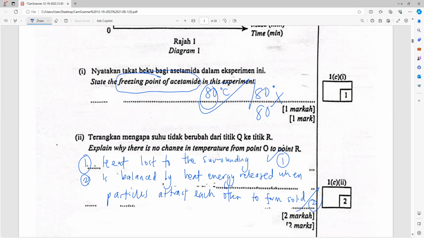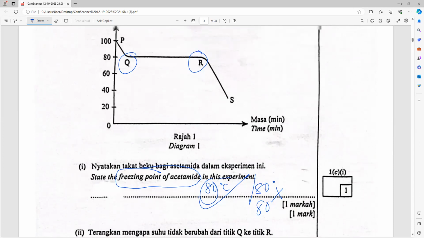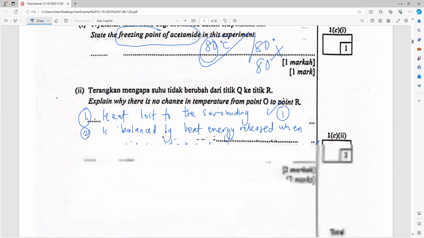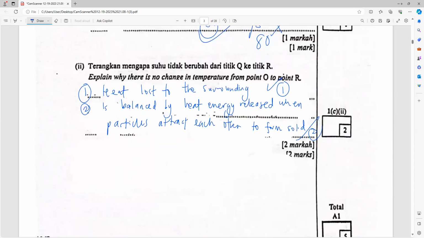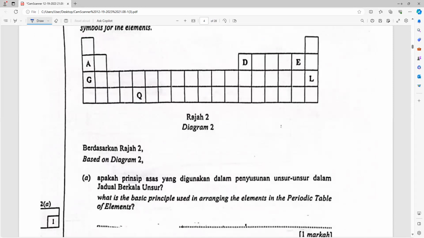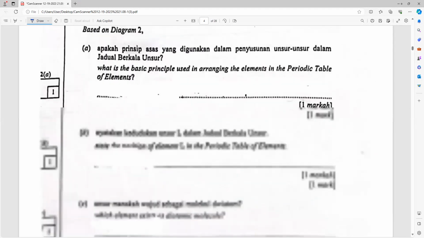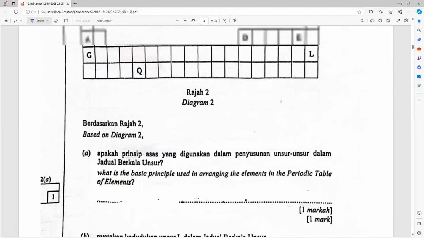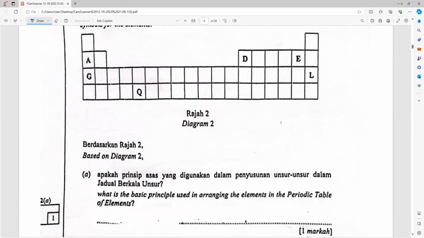If the question asks why in the cooling graph it is constant, this is your perfect answer. So don't waste time. Okay, so then here's your mark. We go to question number 2. If you notice, there's actually something missing there, but we're just going to ignore that for now. So what is the basic principle used in arranging the elements in the periodic table?